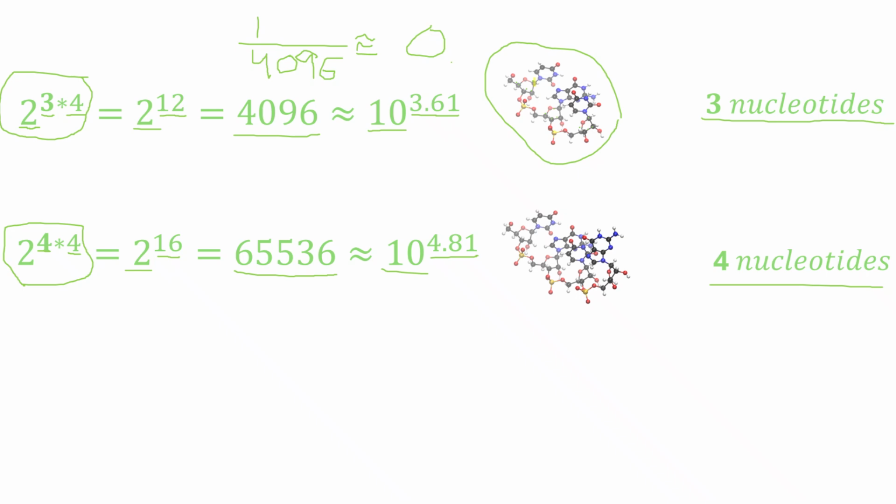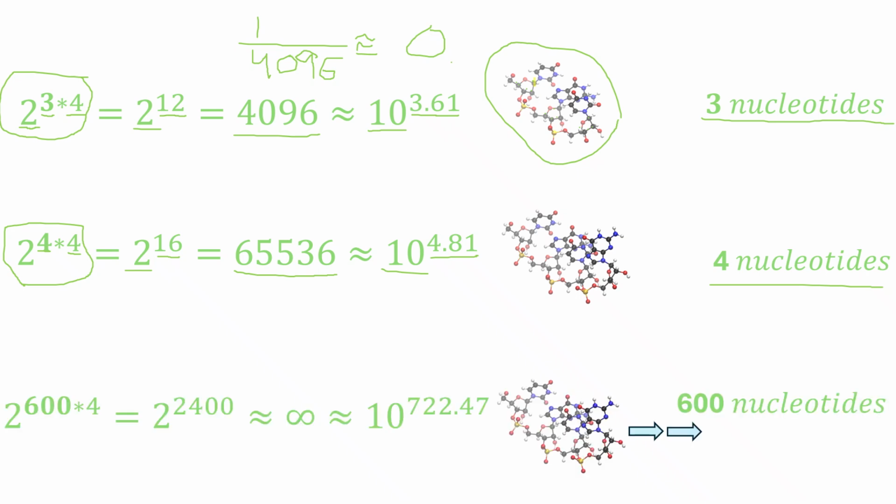So if we then consider 600 nucleotides, which is actually quite a bit lower than the average RNA size when considering messenger RNA at least.